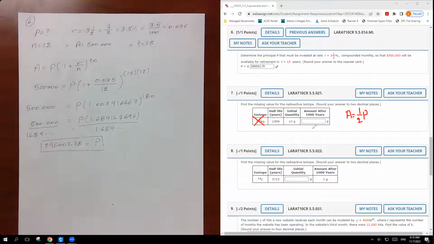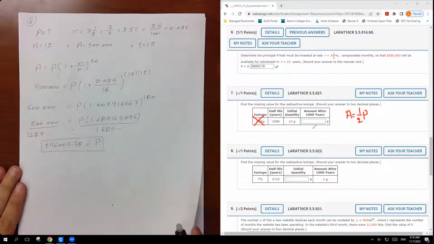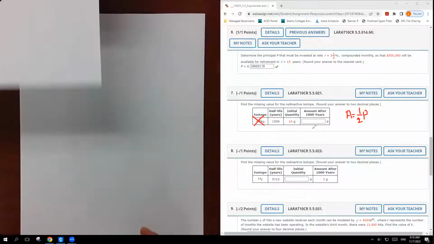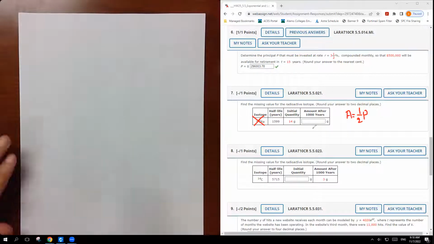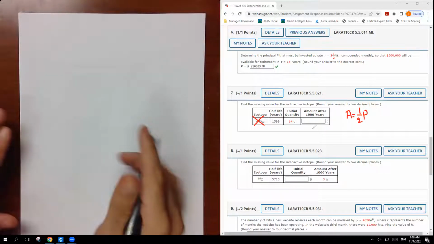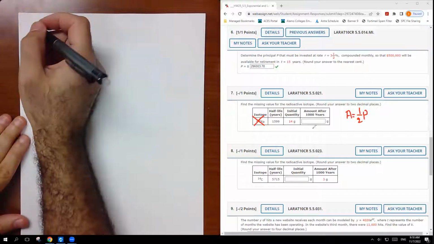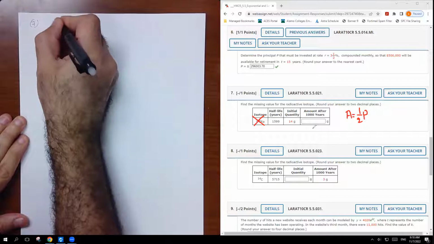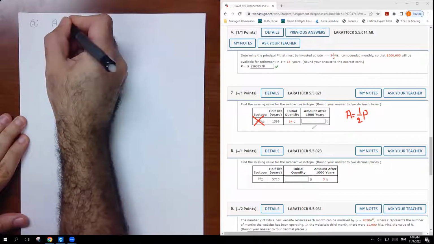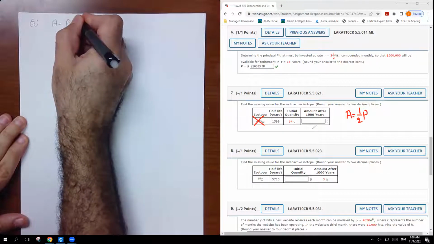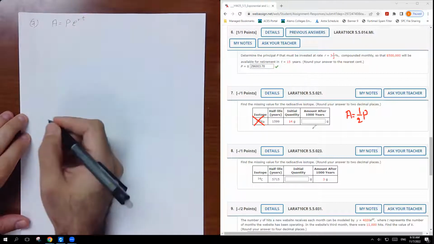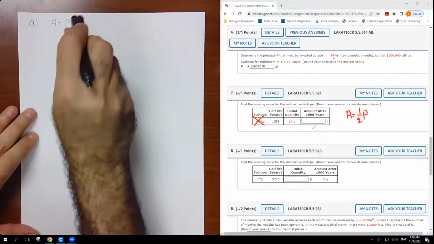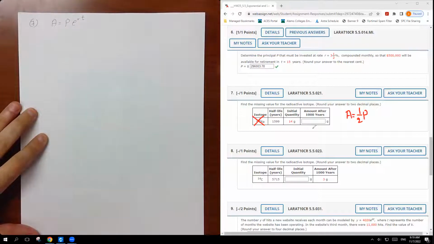The first thing, in this case, they're not going to tell you which formula you are going to use. But you always have to use the formula A equals P e to the rt. This is always the growth and decay formula. In fact, here it's not going to be r because it's growth and decay.